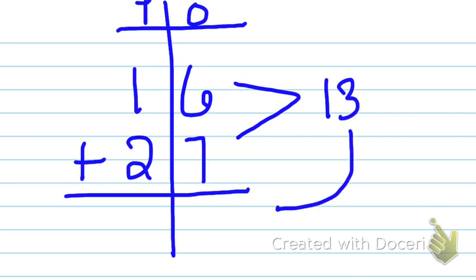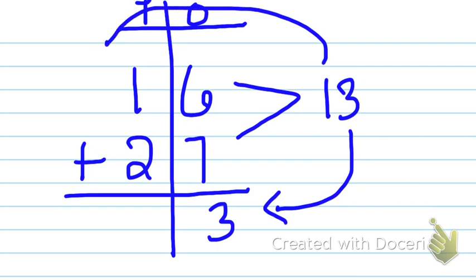My 3 drops to the ones place. My 1 flies to the tens place. So now I'm going to add my tens place. 1 plus 1 is equal to 2. 2 plus 2 is equal to 4. 43.